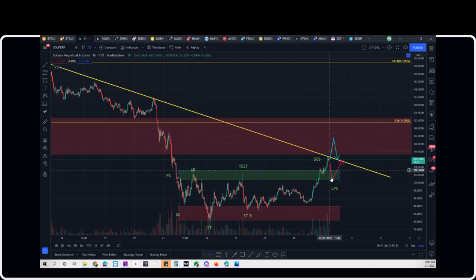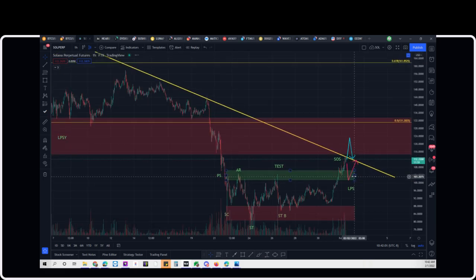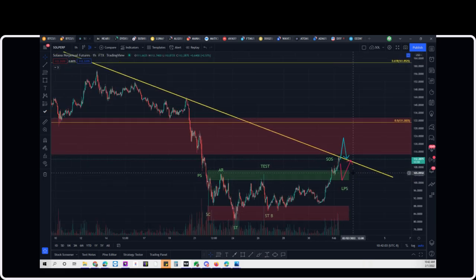So whether we take a break back down here to refill this supply area, last possible support or last possible supply, if we break under this and we retest this area, that's a sign of weakness, and we're possibly done with this move. And Solana is even possibly done. We go back under 100, we go back under 80 or so, and it's not looking good for a while.